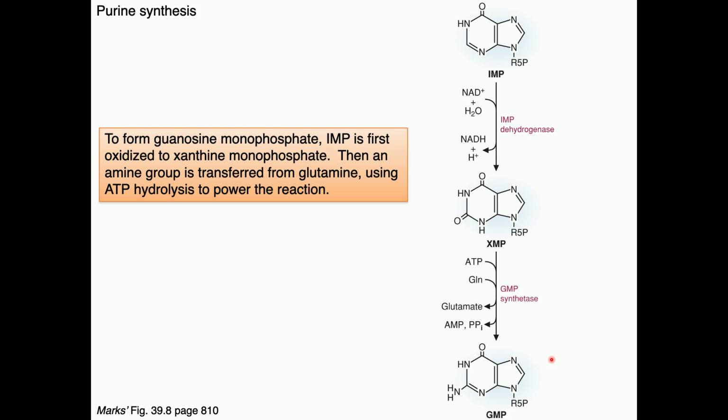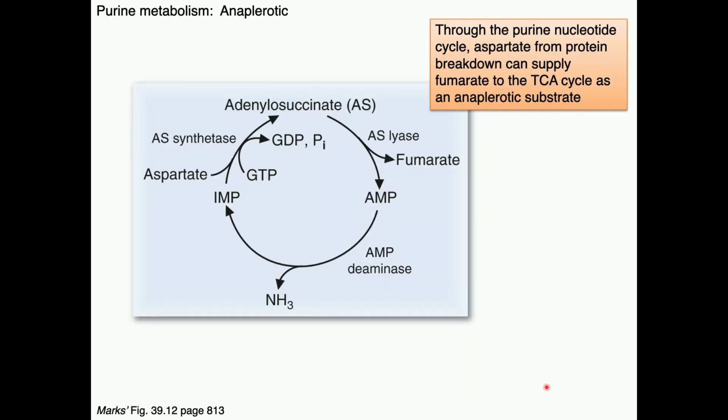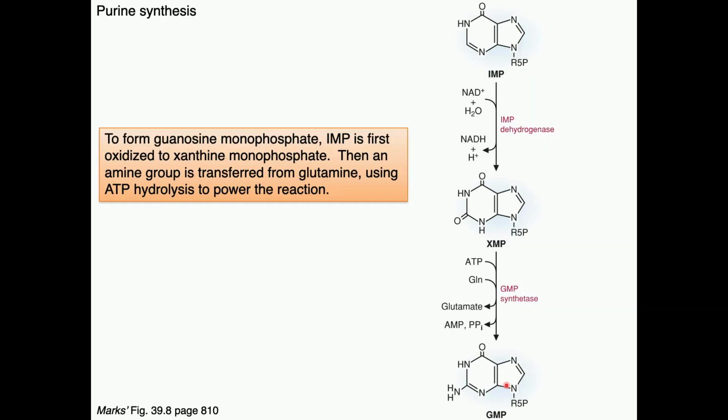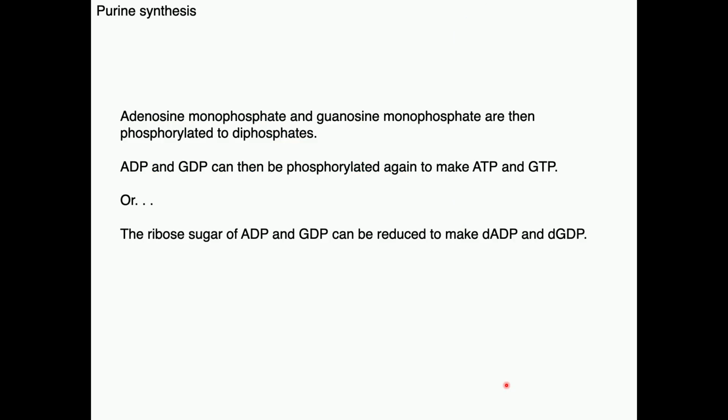Okay, so now we have guanosine monophosphate and adenosine monophosphate generated. What happens next is going to depend on what the molecule is used for. Both AMP and GMP are going to be phosphorylated to the diphosphate form to make ADP or GDP.